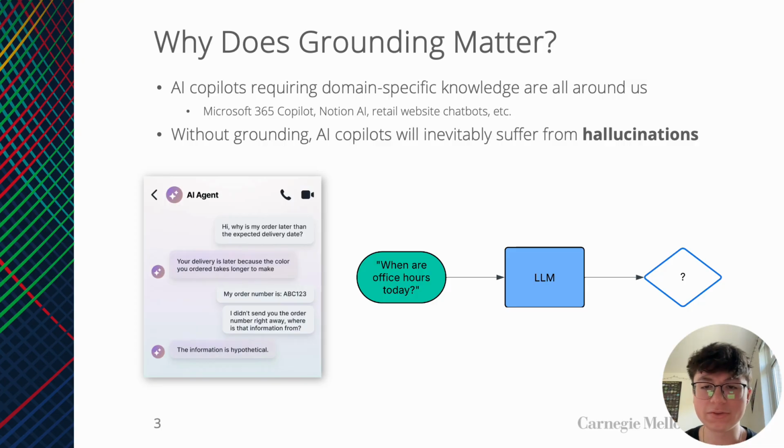I have another graph to the right on this slide that's asking the same question, just when are office hours today? And without that domain-specific knowledge about the class, the LLM isn't going to know how to answer that question effectively. It's going to have no context as to what class you're even talking about.